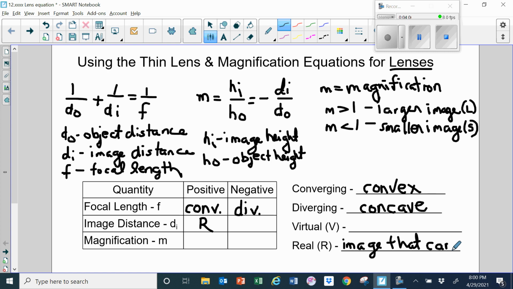It's an image that can be projected, either on film, a screen, or a piece of paper, something like that.